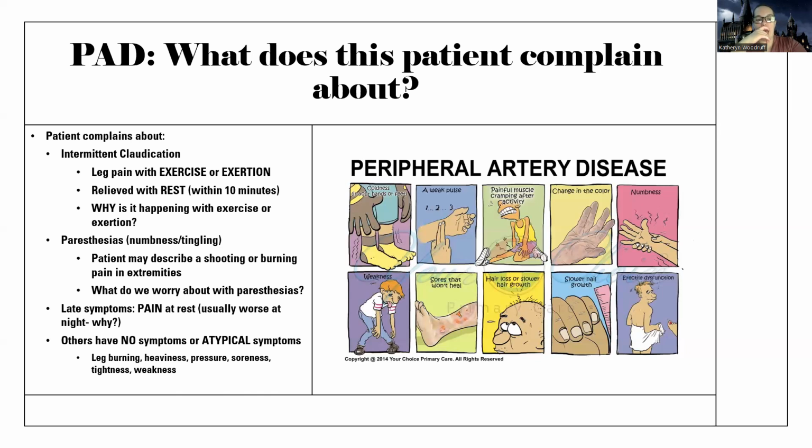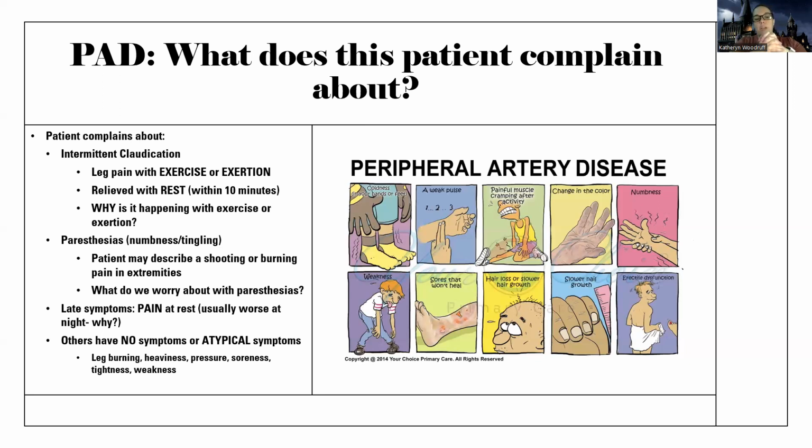Some people can have no symptoms, such as someone who already has decreased sensation, like a diabetic, or someone who for whatever reason does not have symptoms. Everyone presents differently. There are also some atypical symptoms like leg burning, heaviness, pressure, soreness, tightness, or weakness.